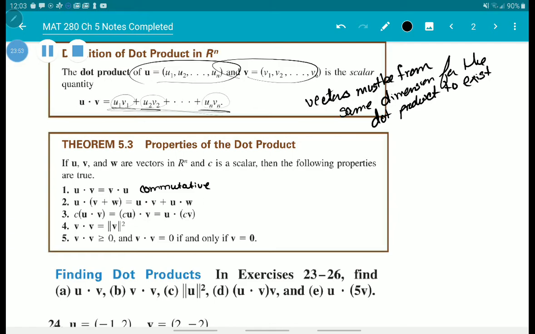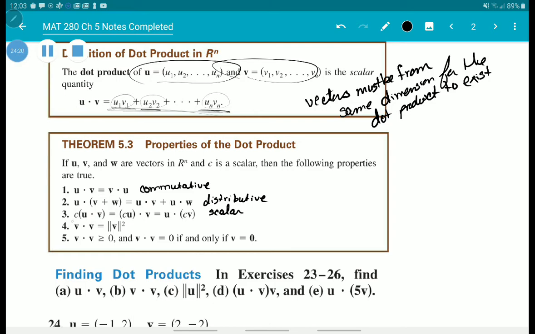There's also an associative property. Just kidding. There's also a distributive type property. If I take u dotted with v plus w, it's the same as u dot v plus u dot w. And then we have a scalar value property.